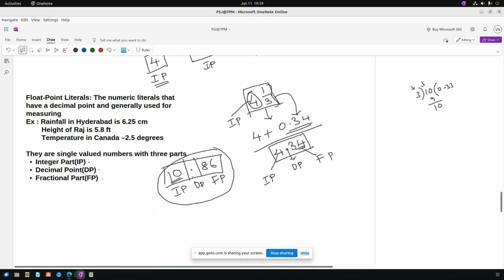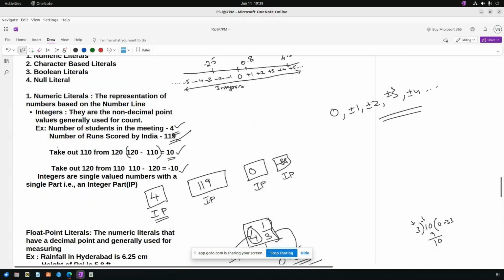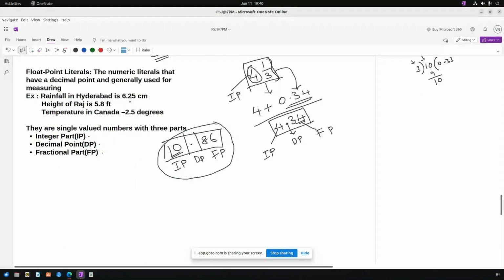Numbers without decimal points are called integers. Integers don't have any decimal point values and they are used for the count purpose. Float values have the decimal point and they are used for the measuring purpose. So that's the way that we look at the float point literal.